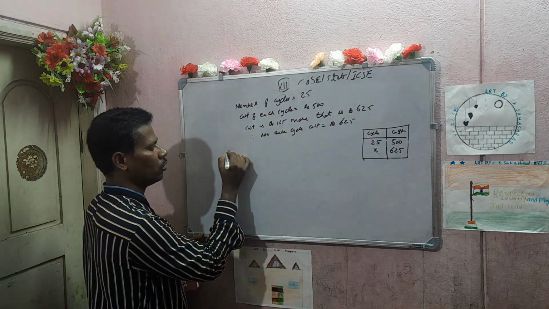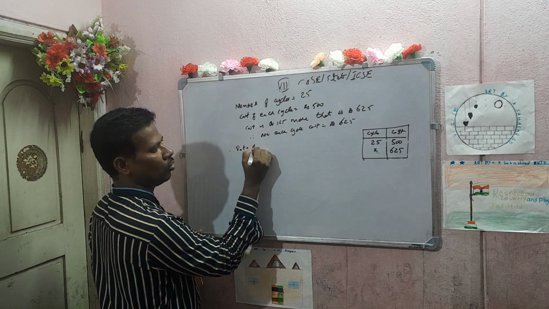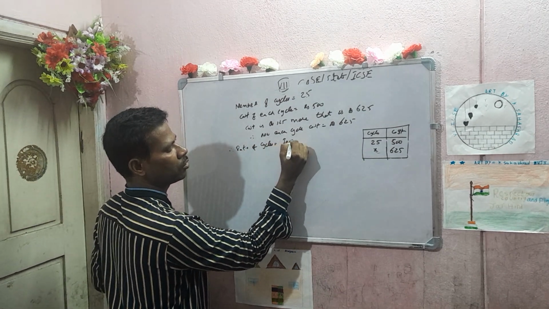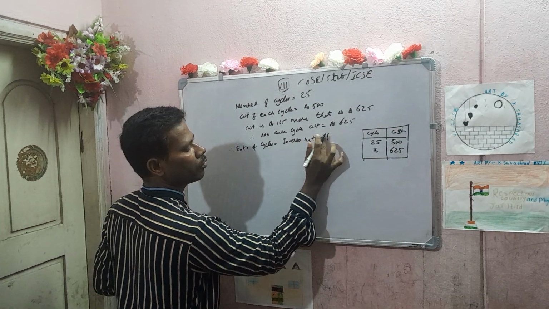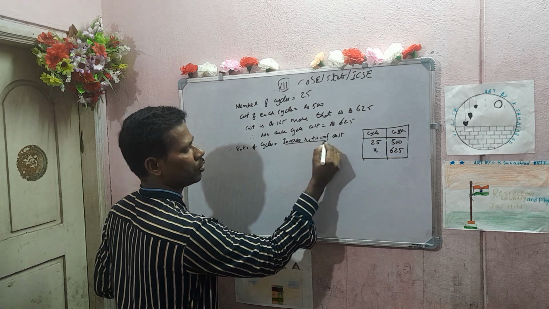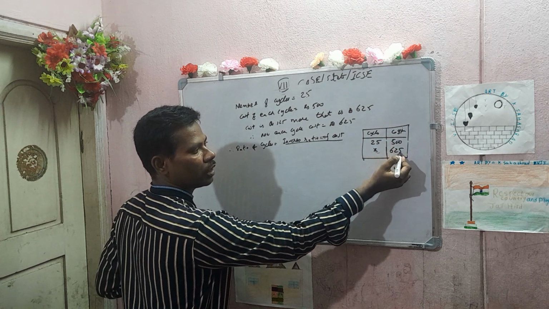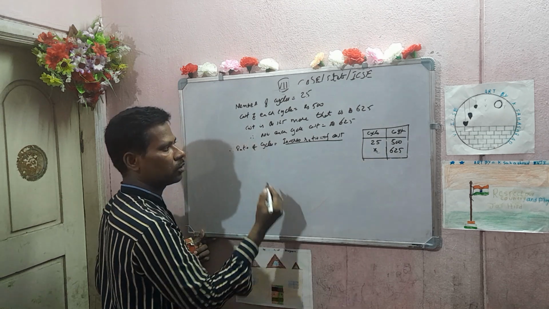So therefore, the ratio of cycles is equal to the inverse ratio of cost. What is the meaning of inverse ratio of cost? Because from 500 to 625 the cost is increasing, therefore he will purchase fewer cycles.